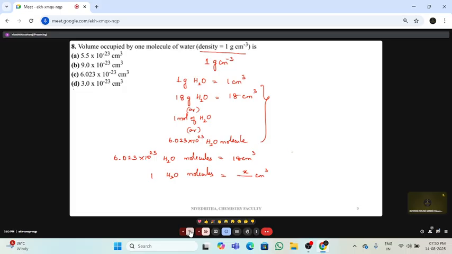So what is the value of x? 18 divided by 6.023 into 10 power 23. 3.0 into 10 to the power minus 23 centimeter cube. Very good. It is option 4. That's it.